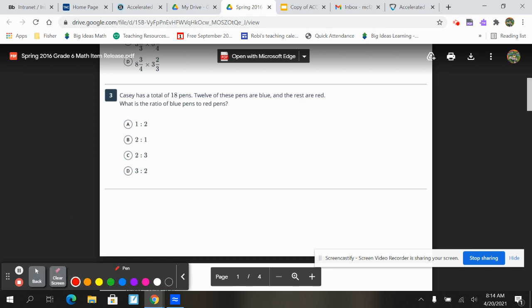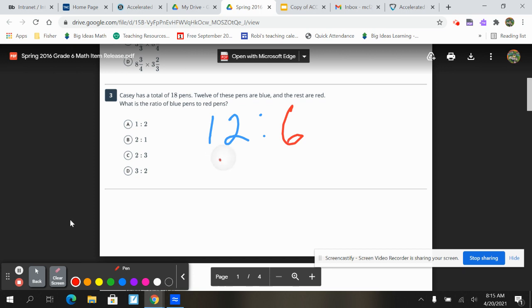Okay, Casey has a total of 18 pens. 12 of the pens are blue, and the rest are red. What's the rest of them? 6. But if you look over to the left, there's no 12:6. As we said yesterday, what do you got to do?